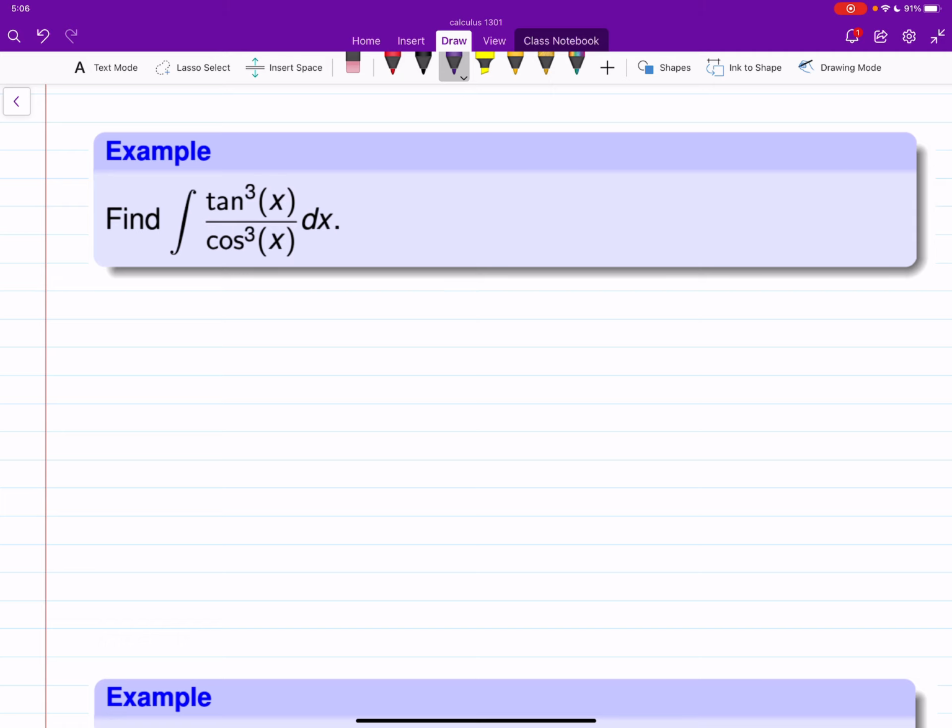Well, here what you can do is write this integral itself. I can either write this as tan cubed x times 1 over cosine cubed, which is just secant to the power 3x.